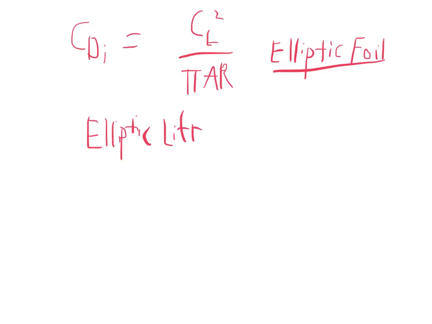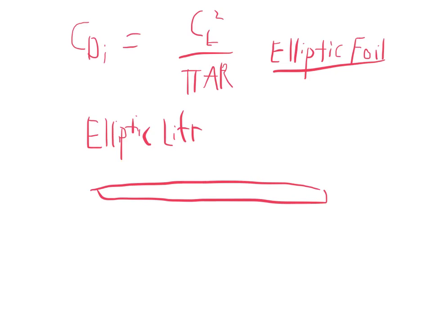This is a lift distribution, so you can think about, here's your airfoil, and you essentially shape the airfoil either by twisting it, changing the section or changing the chord length so that you have the most amount of lift occurring at this section here and the minimum occurring out here, and the distribution ends up looking something like this.